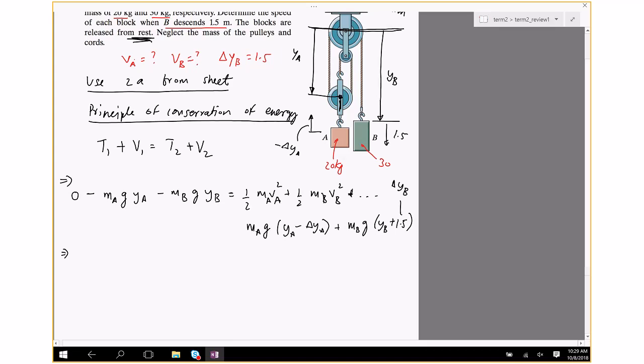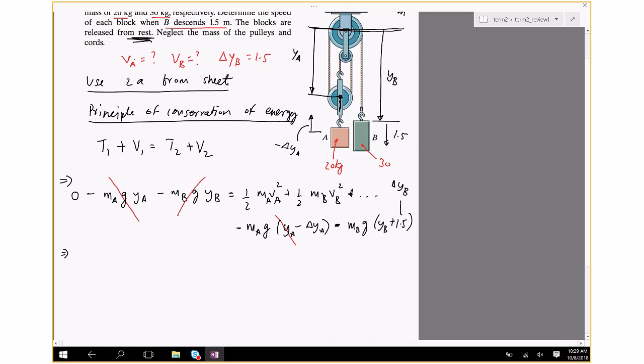I can simplify this a little bit, and you can notice that there's m_A. By the way, I forgot to put the sign. The sign is incorrect. It should be negative, right? Because both of them are below the datum. So I can do a little bit of simplification here. m_A g y_A on the left side will cancel with m_A g y_A on the right side.